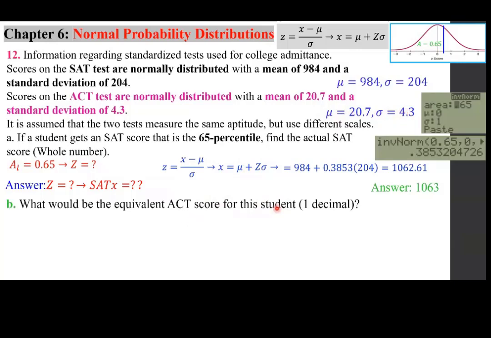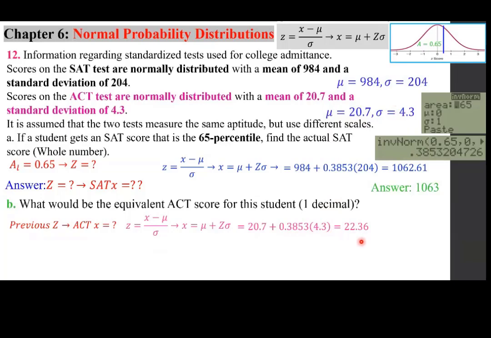By the way, I hope you realize for sure it's larger than mu because this is a positive value. So using that one, plug in mu plus z sigma. This time we are using that. 20.7 plus z, the same z-score, times sigma 4.3, we get 22.36.